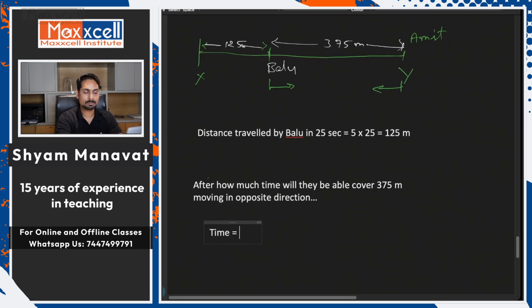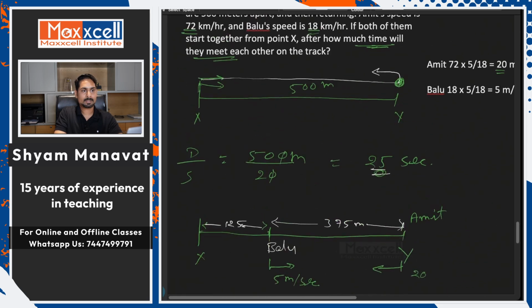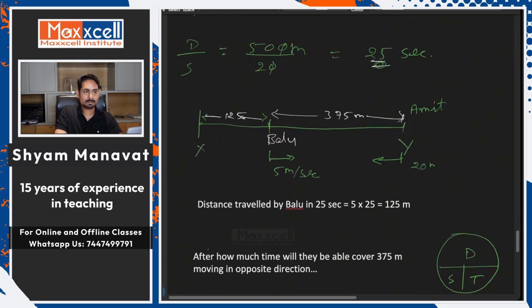Now the time is equal to distance upon speed. Remember the circle; I will keep drawing this so that you will not forget. Distance, speed, time. So time is equal to distance upon speed. The distance is 375 meters, and Balu's speed is 5 meters per second and Amit's speed is 20 meters per second.